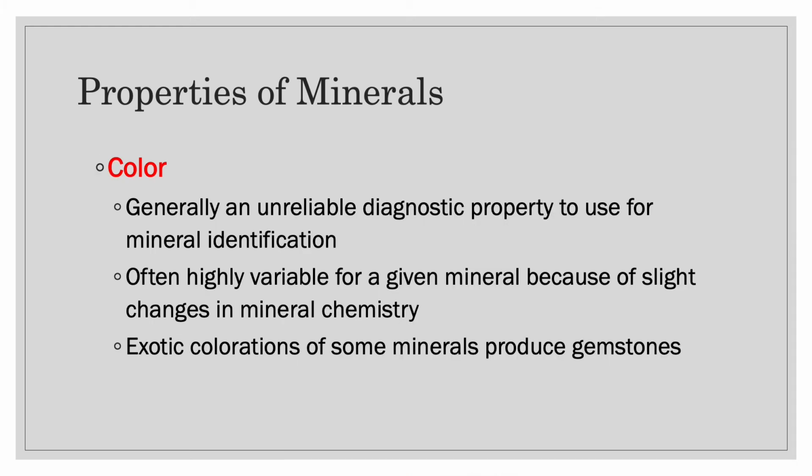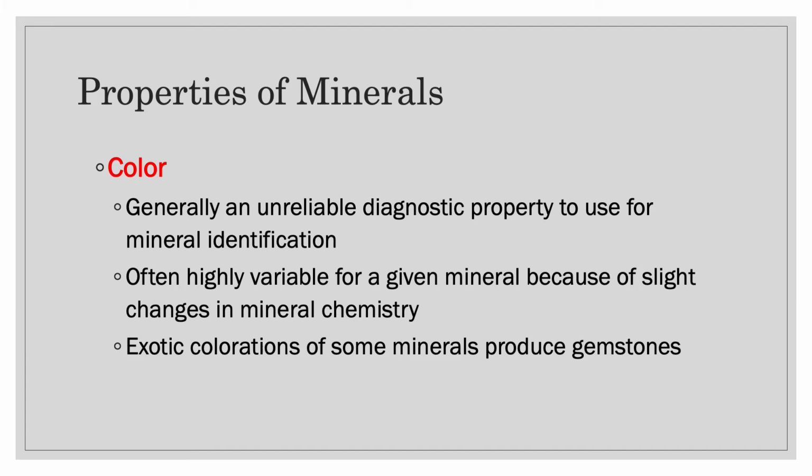Another optical property of minerals is color. Now, this is, I think, one of the most important things for me to teach you about identifying minerals in this lecture. Almost every student wants to identify minerals using primarily color. They see the color of the mineral and they think, oh, I've seen this color before, it must be mineral A. Well, the problem is that color is generally an unreliable diagnostic property to use for mineral identification.